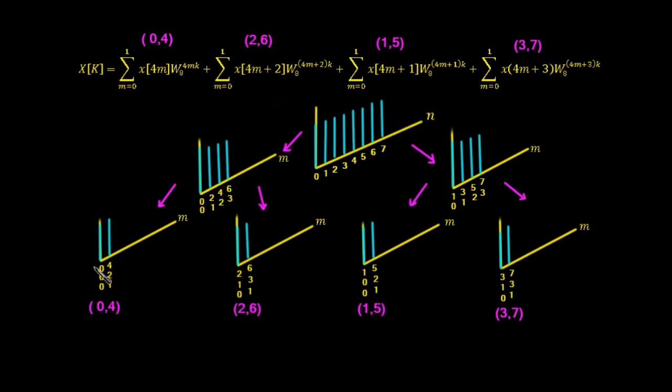So our 0 and 1 now for each of these, so that's 0 position and 1, 0 and 1 for this, 0 and 1 and 0 and 1, are actually the inputs at 0, 4, 2, 6, 1, 5 and 3, 7 of our original 8-point DFT.